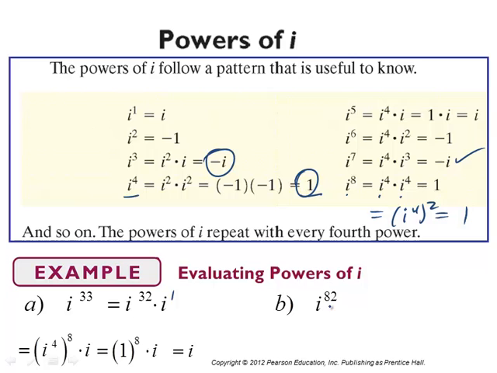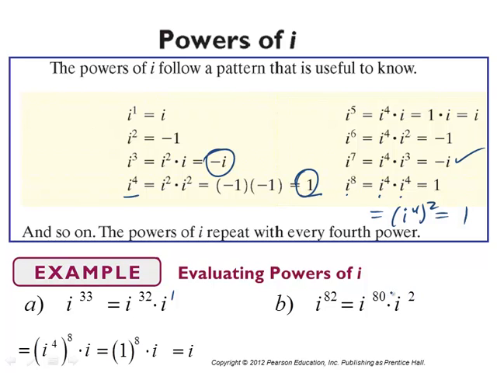Let's do another example. I to the 82nd power. Again, think about what integer less than or equal to 82, closest to 82, is going to be a multiple of 4. I would say 80, because 80 is equal to 4 times 20. So you could write I to the 82nd power as I to the 80 times I squared.